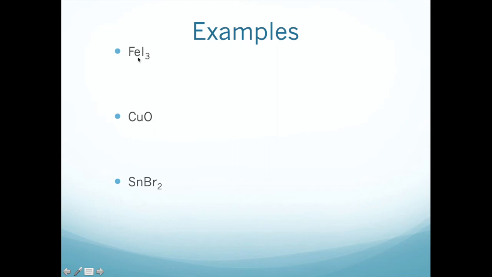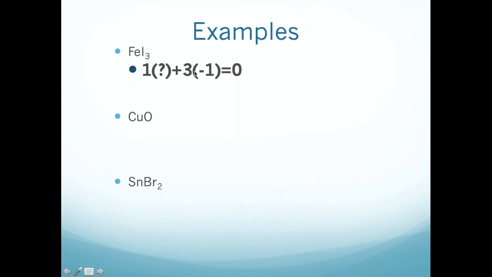First of all, Fe is iron and I is iodine, so we know it's going to form an iodide ion. What's the charge on an iodide ion? Look at your periodic table and you'll see that iodine is in group 17, so an iodide ion will have a -1 charge. Remember, it's one group away from your noble gases.